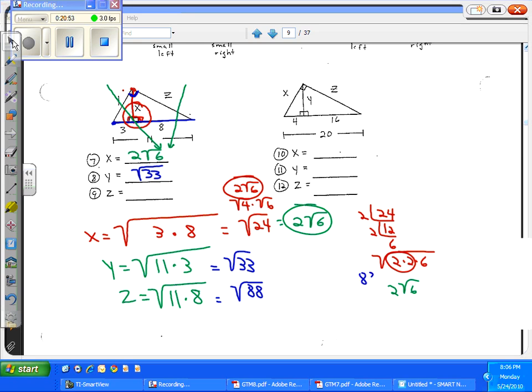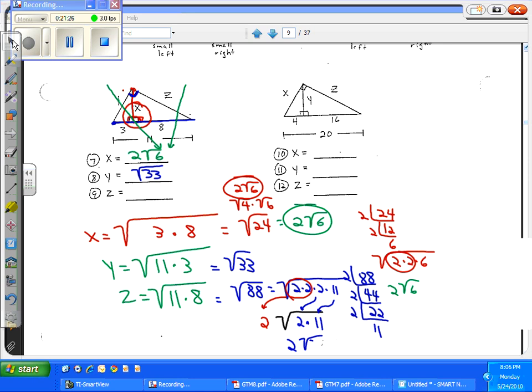We'll break that down. 88, divide 2, 44, divide 2, 22, divide 2, 11. 11 is prime, so we have square root 2 times 2 times 2 times 11. We got a pair of 2's. We make a new radical. From the set, out pops a 2. What didn't get circled in a set goes back in. You multiply 2 square root 22 simplified.